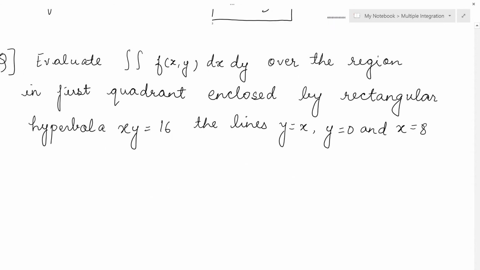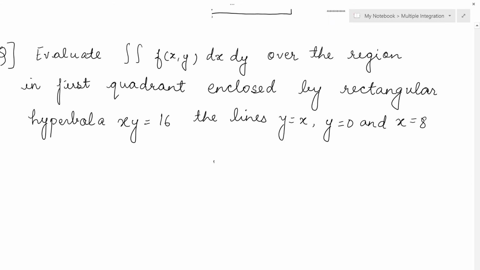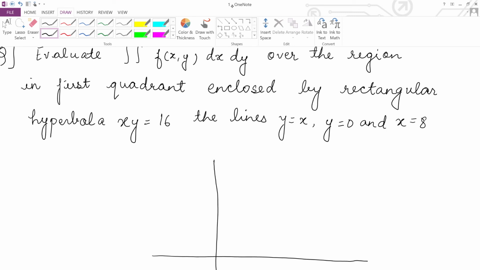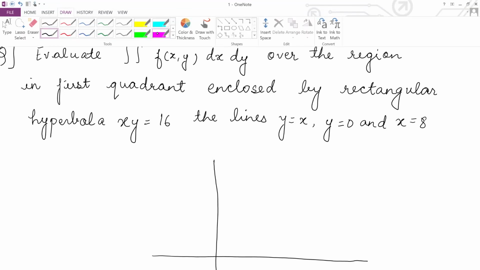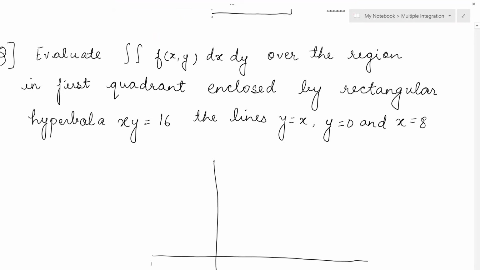Okay, as we know, we need to draw the curves first. So first let us draw the rectangular hyperbola xy is equal to 16. So xy is equal to 16, we can draw like this. Okay, y is equal to x.